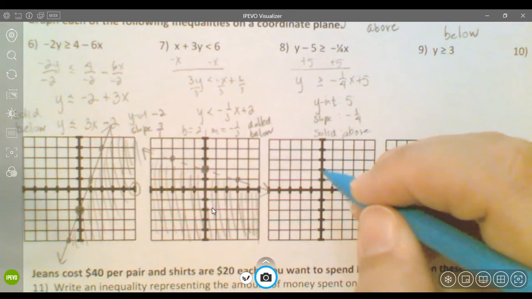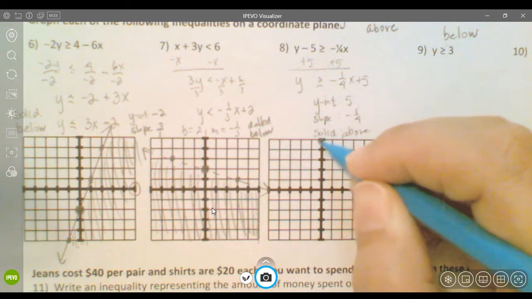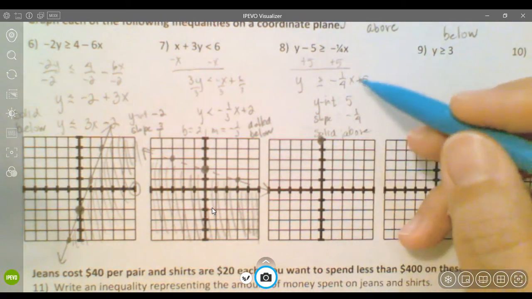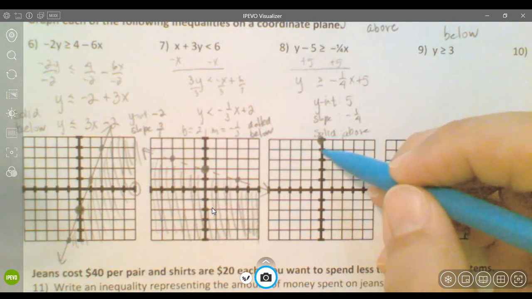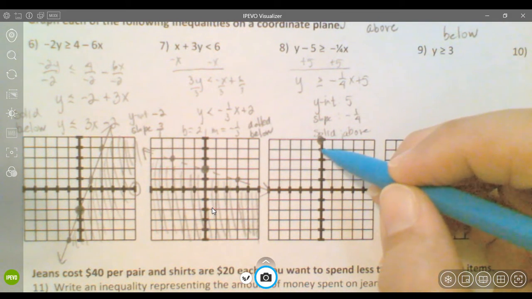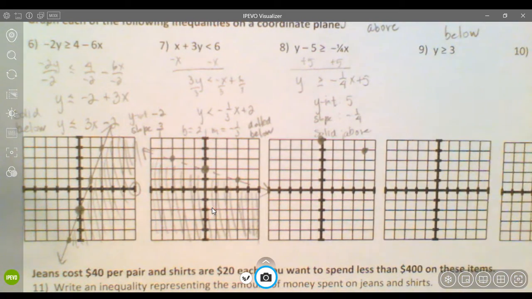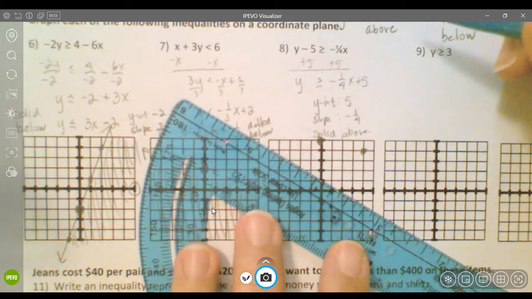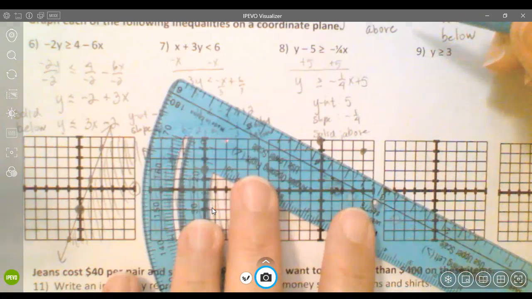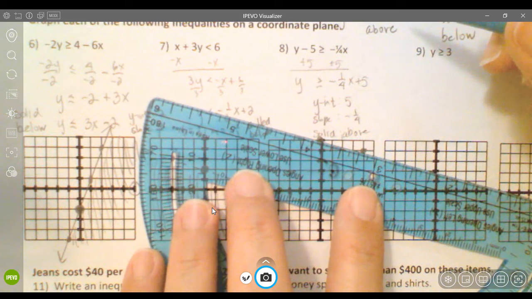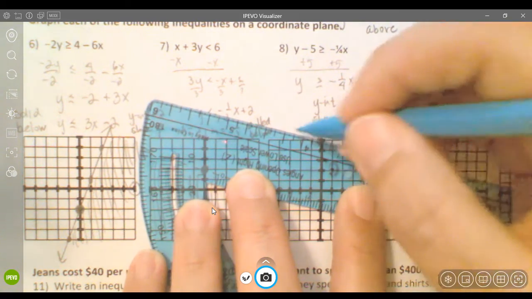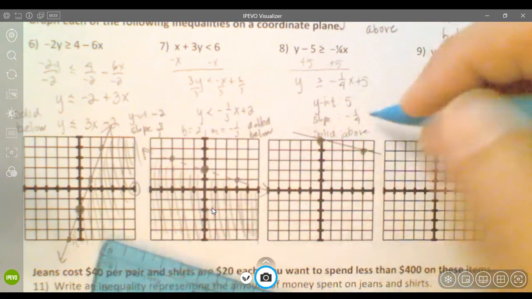So 5. 1, 2, 3, 4, 5. We're -1/4, so we go down 1, to the right 4. So it's a solid line that gets shaded above.